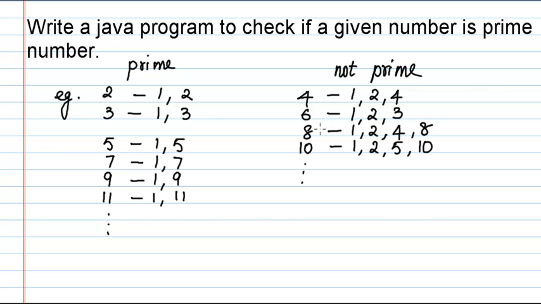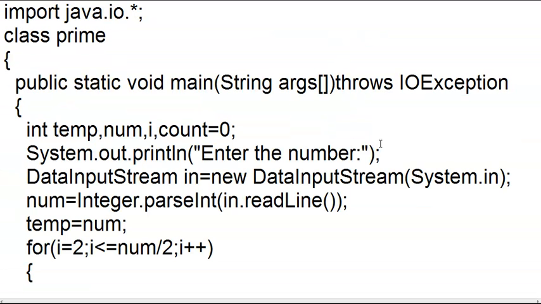Now let us look at the program which will check if a given number is a prime number. This is the program. Within the main method, we are getting the number from the user for which we are going to check if it is a prime number or not. Now that number is stored in a temporary variable.